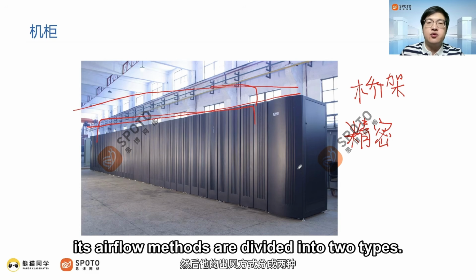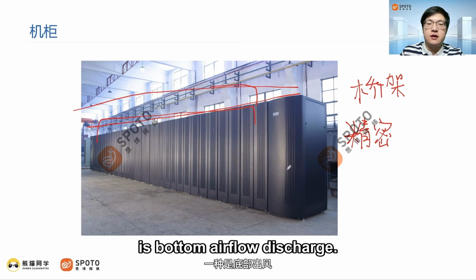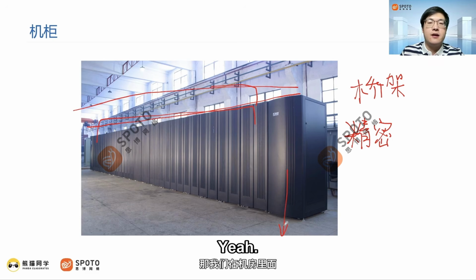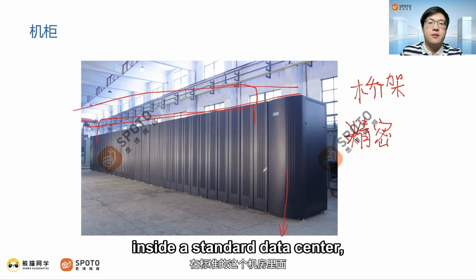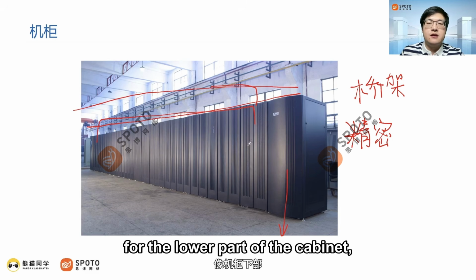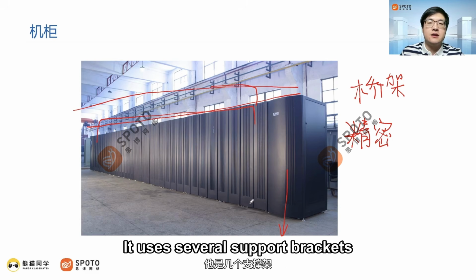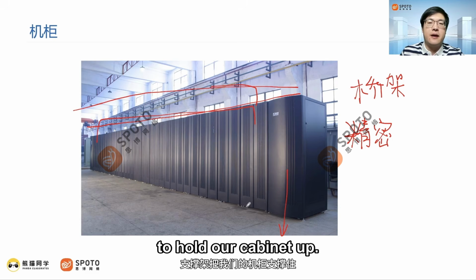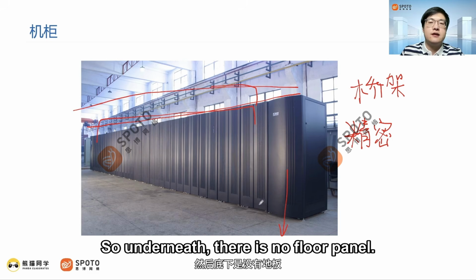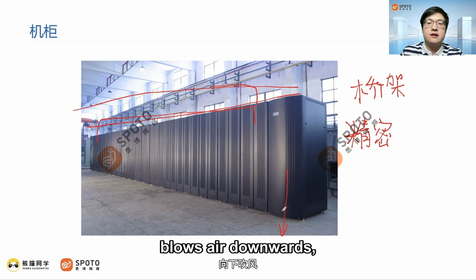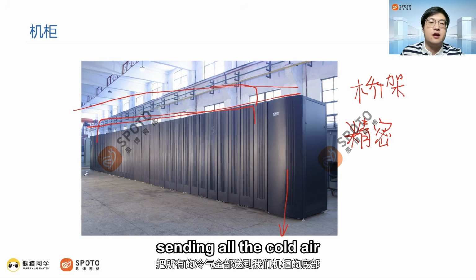And then, its airflow methods are divided into two types. One is bottom airflow, because the floor below is a raised floor, right? In a standard data center, the lower part of the cabinet uses several support brackets to hold our cabinet up. So underneath, our precision air conditioner blows air downwards, sending all the cold air to the bottom of our cabinet.